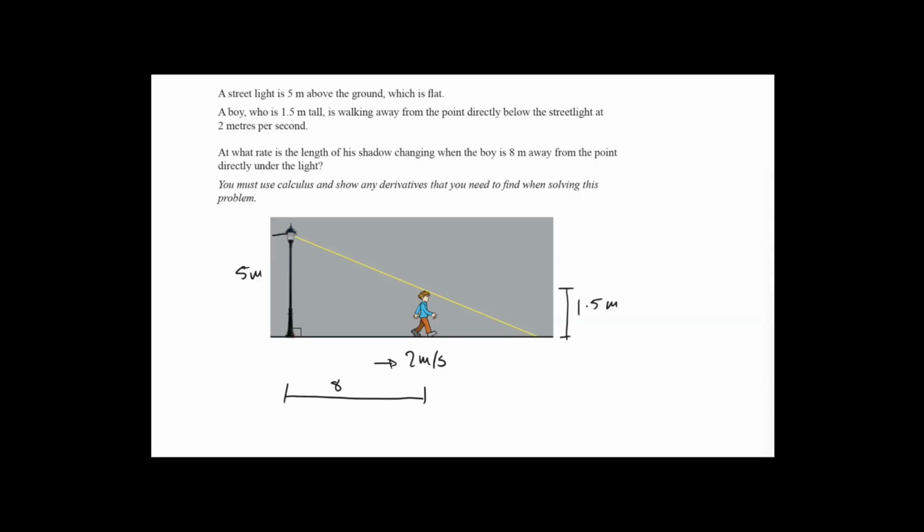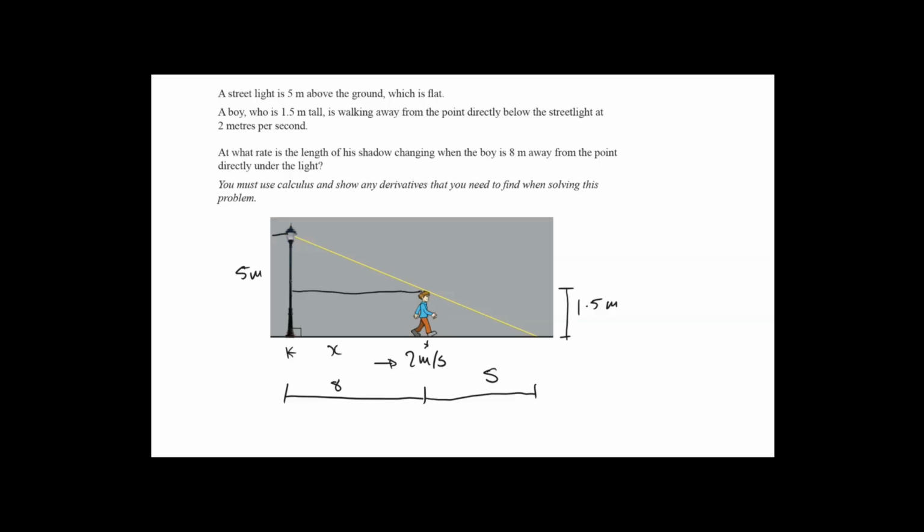Okay. So first thing we've got to do is some statements. I'm going to say let this distance from here, on the x-axis, be x, and the length of the shadow here I'm going to call s, purely because it's the shadow.